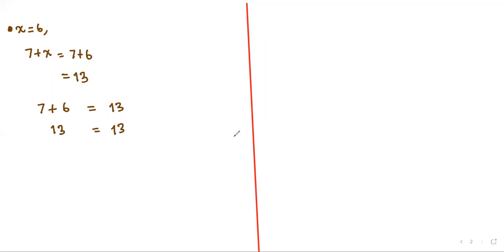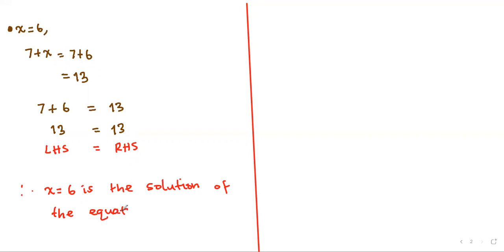Now you can see that the left-hand side is equal to the right-hand side. What does this mean? It is equal. This is a solution. Excellent. x equals 6 is the solution of the equation 7 plus x equals 13.